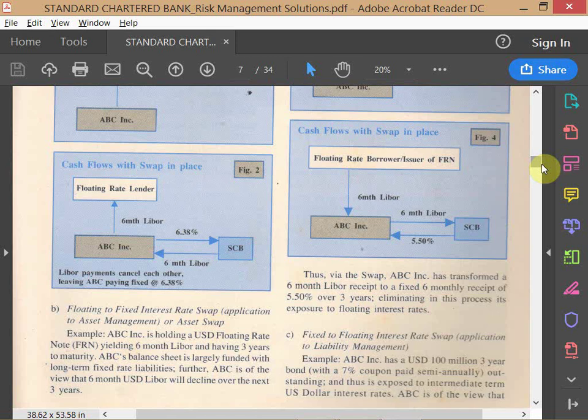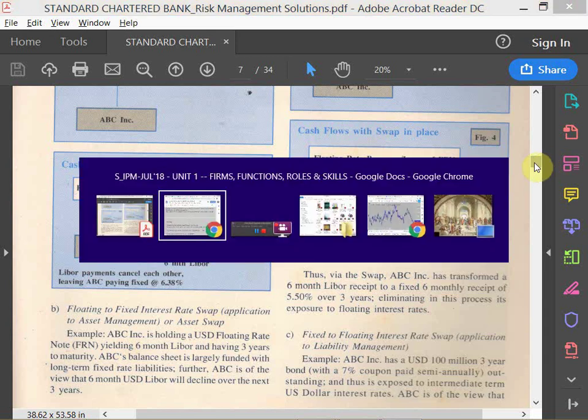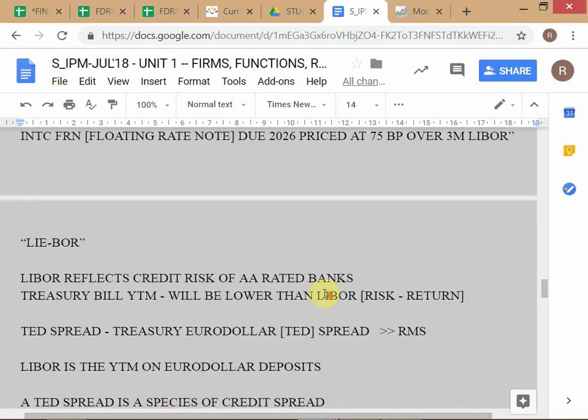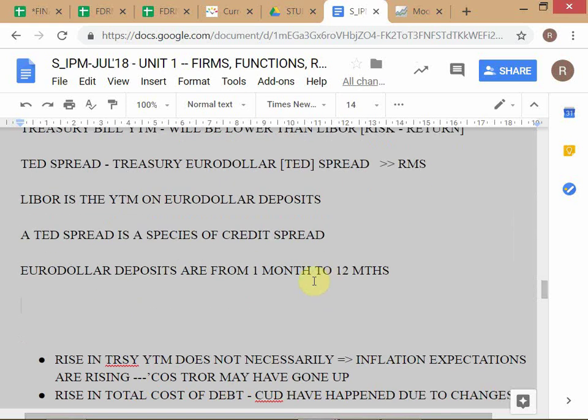Okay, guys. Let's look at this one example. This example, look at figure 2. Okay, look at figure 2 on page 7. So let me refer to this here. What is the question?